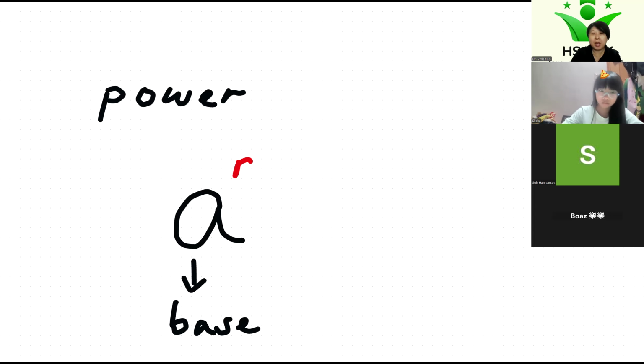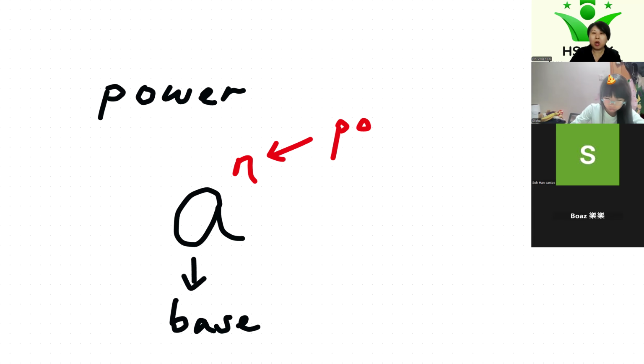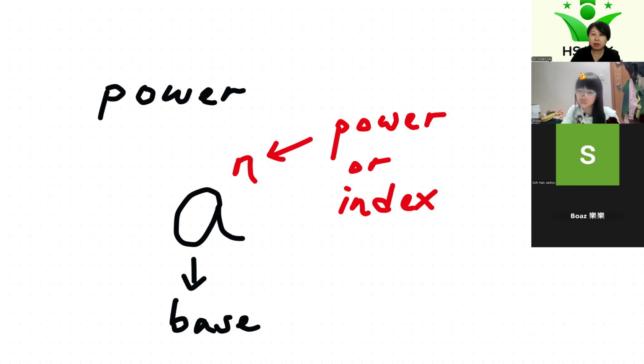This one we call power, or we can call it index. So you need to know all of the names. Sometimes in exam questions we use the word index, sometimes we say power, sometimes we say exponents. It means the same thing.